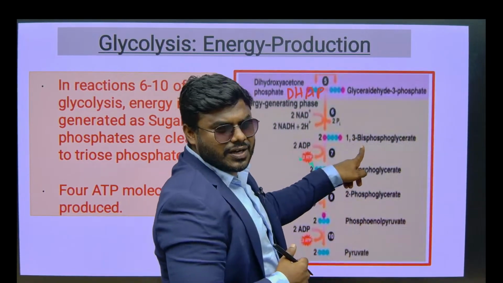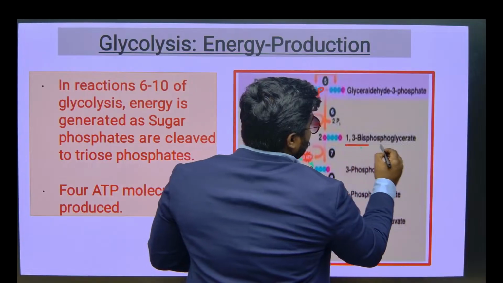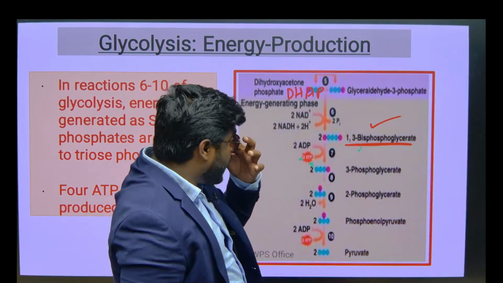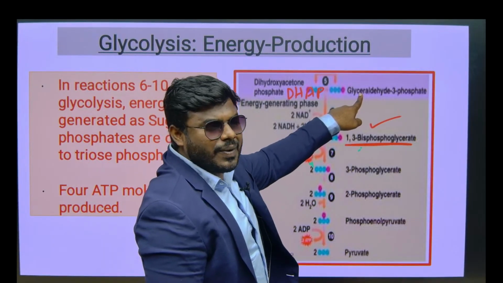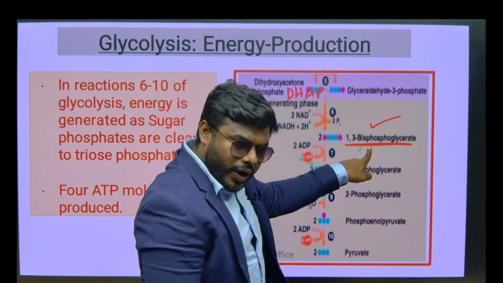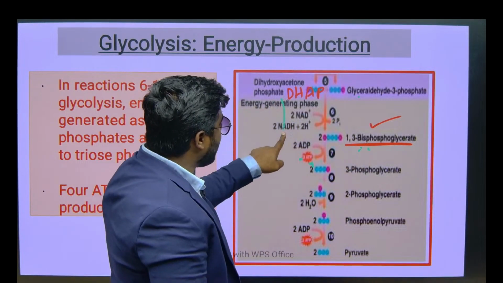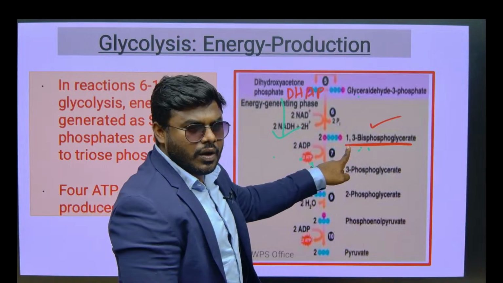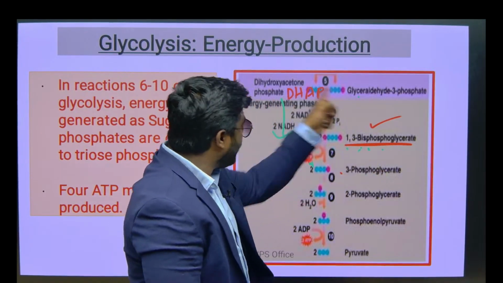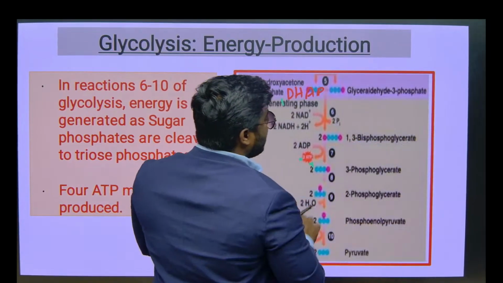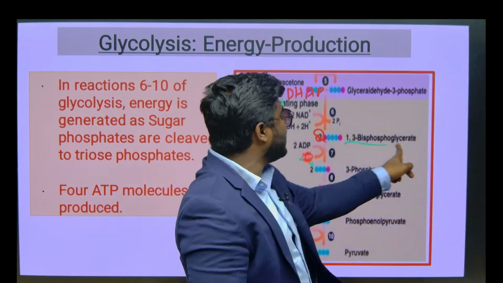Correct or not, friends? So if glyceraldehyde 3-phosphate gives rise to 1 molecule of 1,3-bisphosphoglycerate, ultimately DHAP also gives rise to 1,3-bisphosphoglycerate, because both perform the same function. Can I make a direct statement? I will get 2 molecules of 1,3-bisphosphoglycerate.